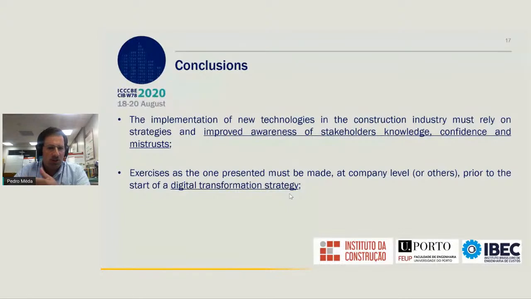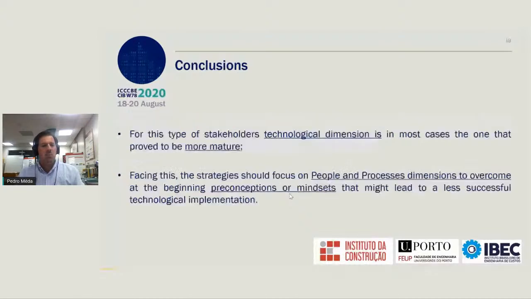So the conclusion is that when we go for a new implementation process of innovation and technologies in the construction industry, we need to have more awareness and more confidence about the fears and the enablers of the stakeholders.